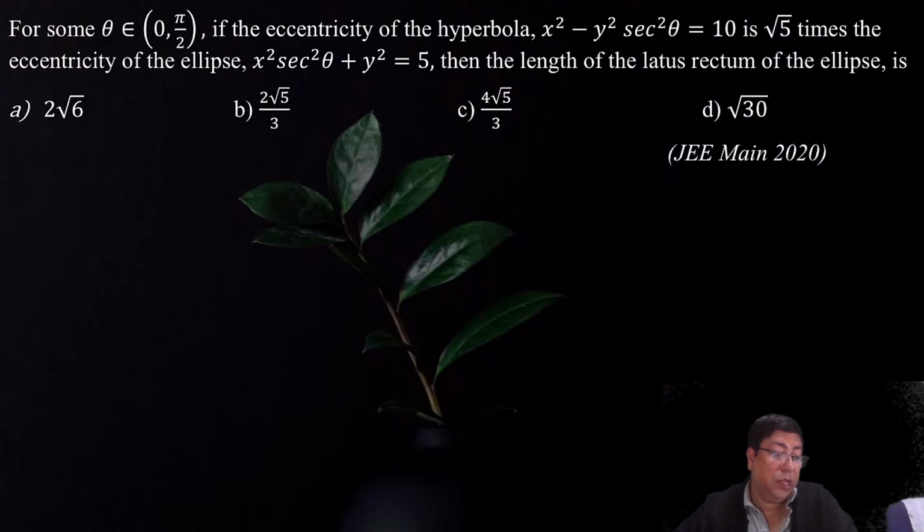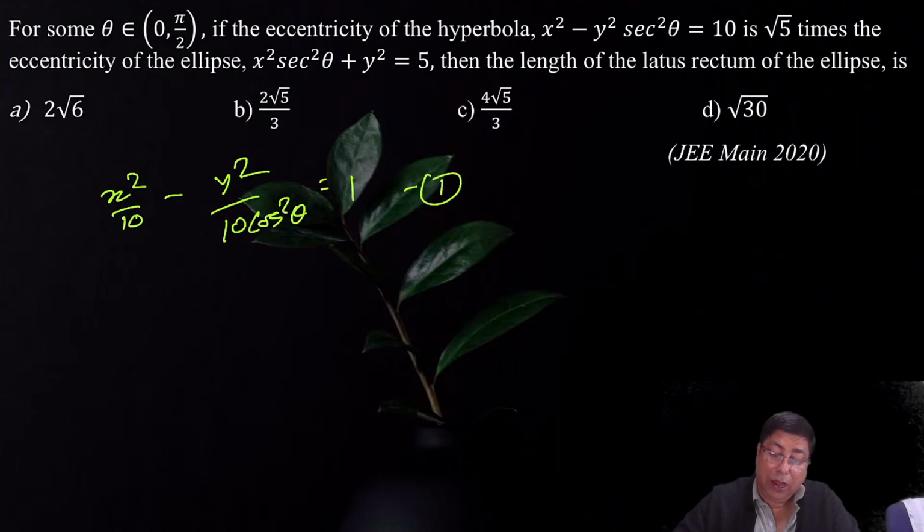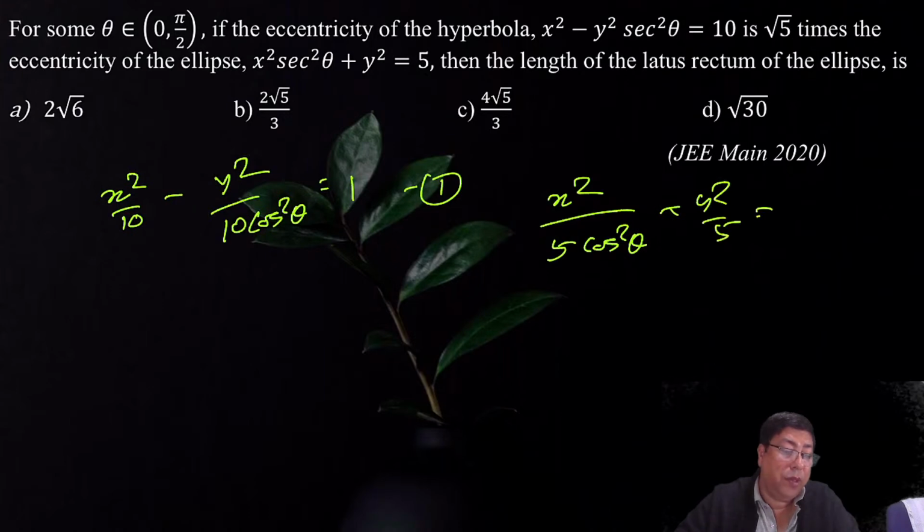First of all, the equation of the hyperbola is x square minus y square sec square theta. If I write this directly, x square by 10 minus y square by 10 cos square theta equal to 1. Okay, and ellipse x square by 5 cos square theta plus y square by 5 equal to 1.